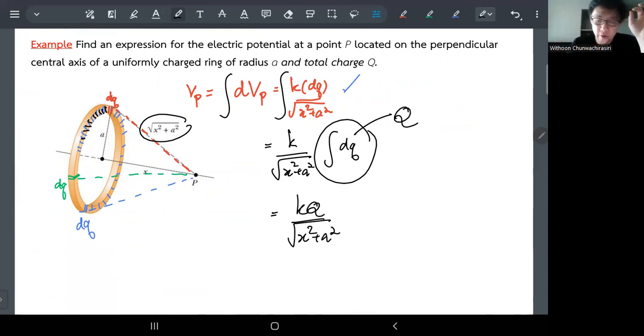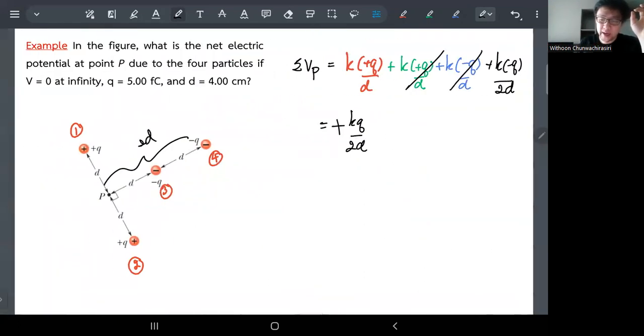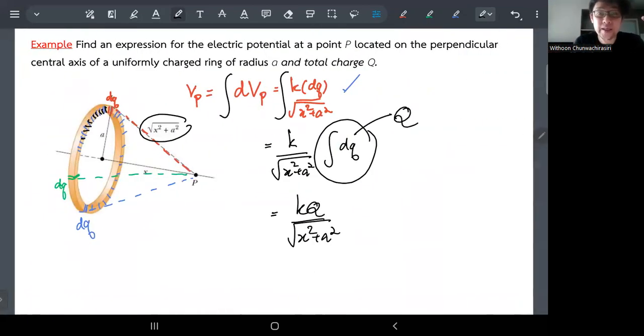We already learned from the previous problems that as long as you stay at the same distance, all you need is the sum of all those charges. So the potential at point P is K times the total charge of the ring over the distance from P to the ring. That's it. You're done as well. But at least we explained it using calculus. That's kind of nice. Doable?